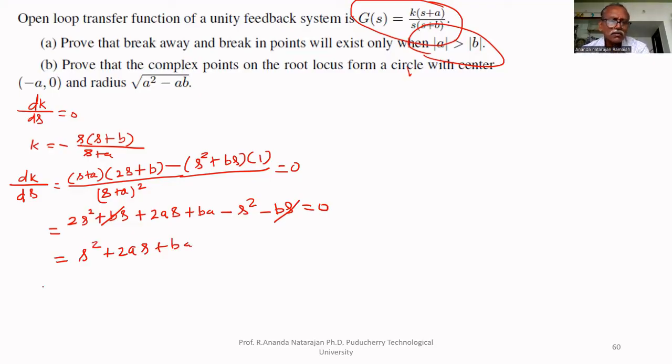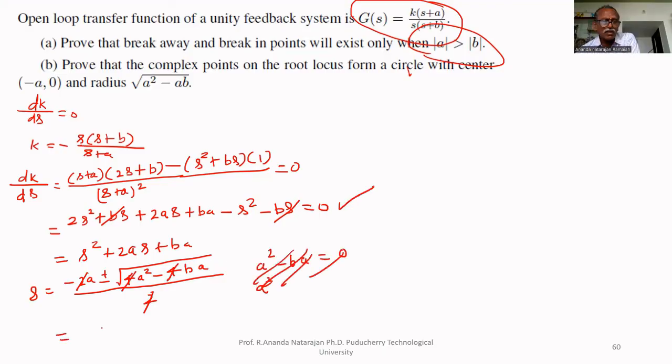The roots are S equal to minus 2A plus or minus square root of 4A square minus 4BA upon 2, getting cancelled.